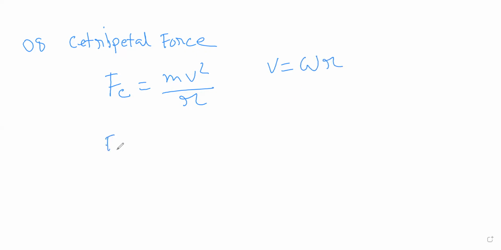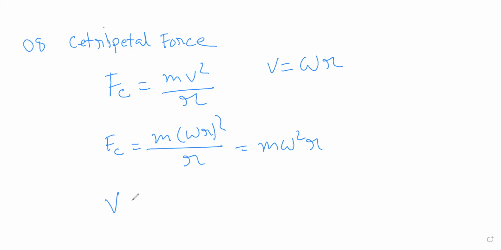Then Fc equals m omega square r square over r. Then r square and r cancel out, so Fc is m omega square r. And we know our tangential speed is equal to 2 pi r over T. You might be curious how I am writing these equations. No, I am not doing anything magical.